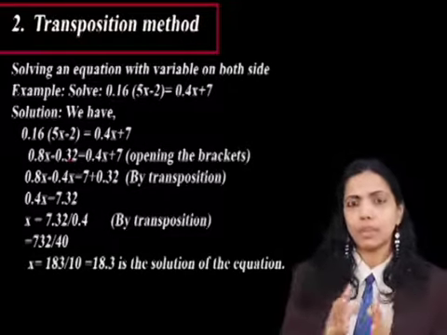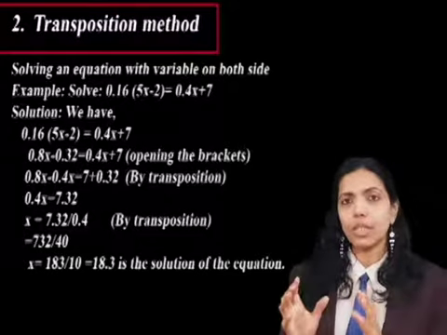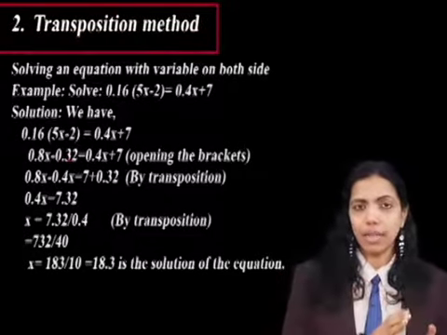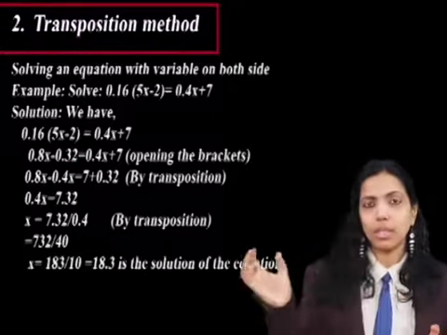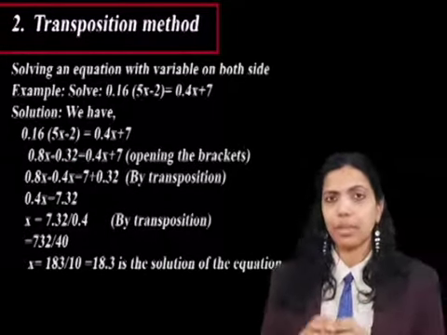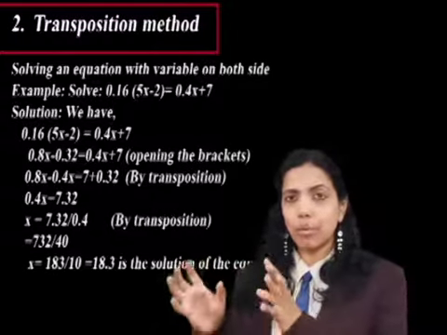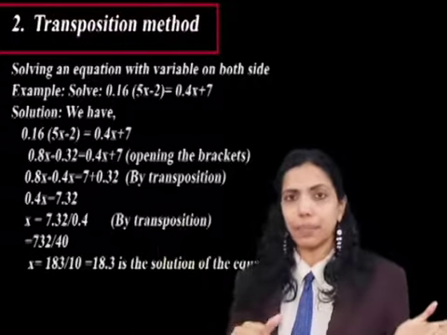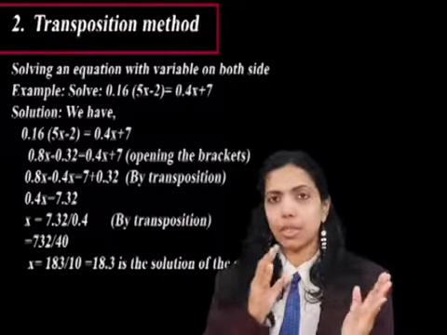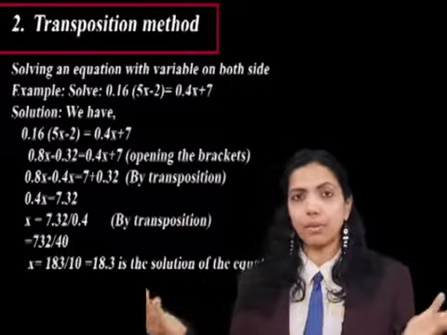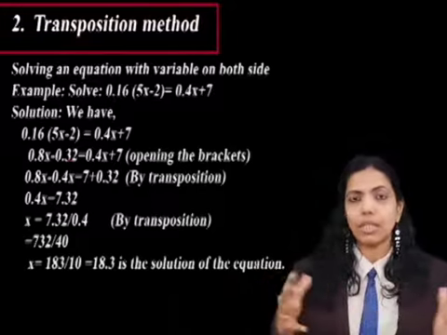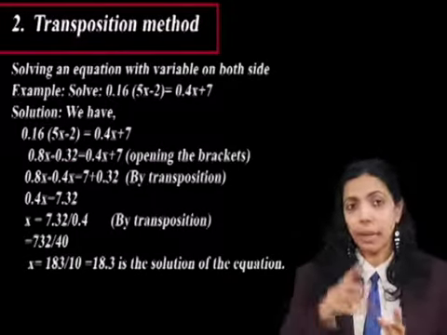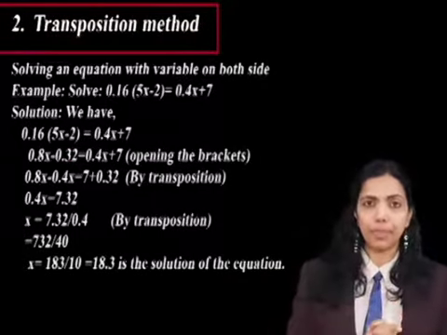So what is the next step? We have to keep the variable on the left side and the numerals on the right side. So push 0.4x from the right side to the left side. If we are transposing the term from one side to the other side, of course the sign changes. So here it comes 0.8x minus 0.4x.